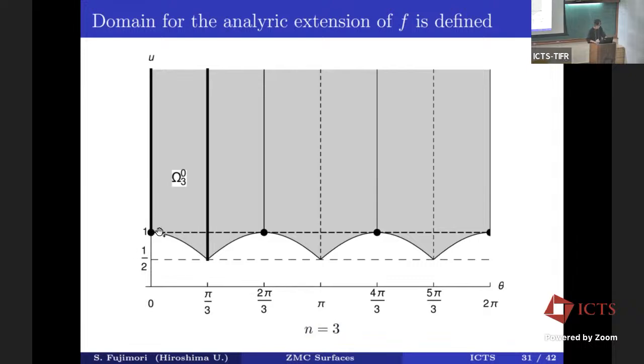And then one can extend this way. This part becomes the time-like part. And then we can prove the embeddedness of this part. And after reflection, we can say the surface is embedded.